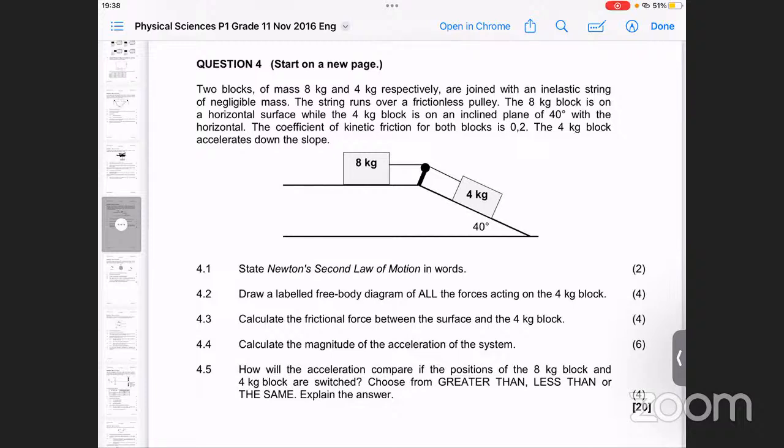So without us having to go through the questions, one thing for sure, there's no way they are talking about an applied force. But that 4 kg block accelerates down the slope, possibly as a result of the force by gravity, not necessarily because there was an applied force which pushed it in that direction.